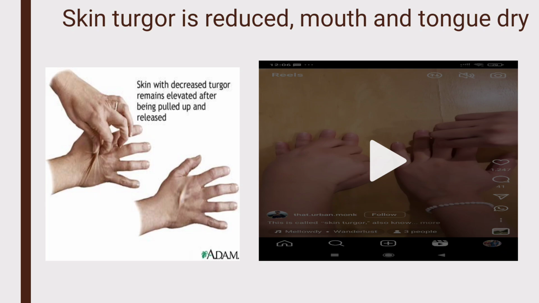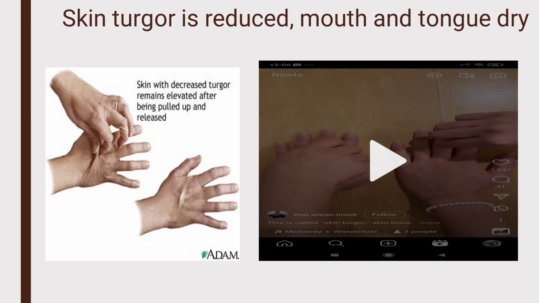What is skin turgor? It is actually the elasticity of the skin. When the skin turgor is reduced, it means that when it is pinched up or pulled up, it will remain constricted for some time. We can see in this example here.